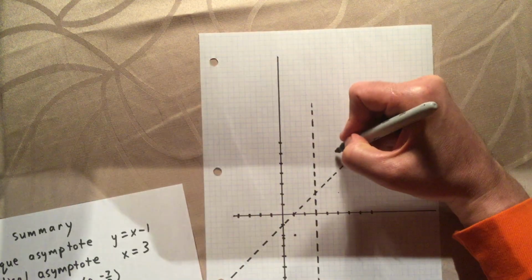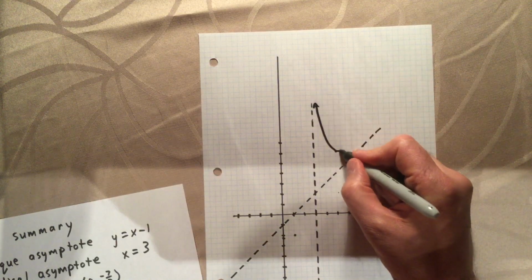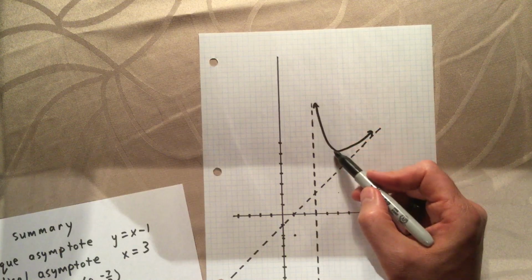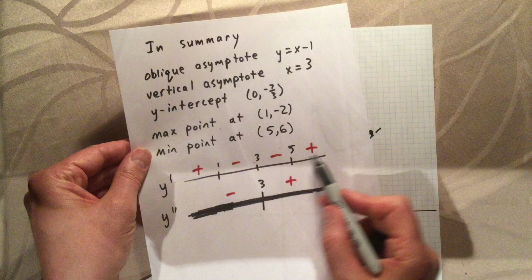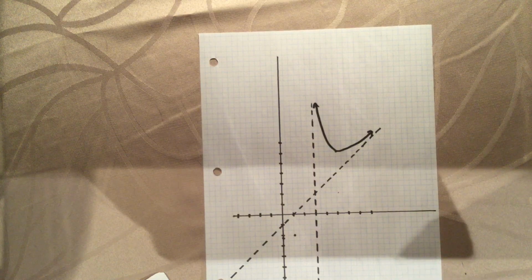And I see that I can actually draw that pretty nicely and respect the asymptotes at the same time. This is a curve that's decreasing to x equals 3 and increasing afterwards, and is concave up the whole time because the curve is above any tangent line I could draw.